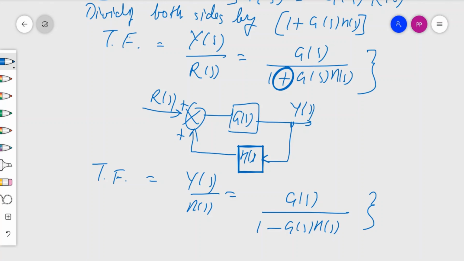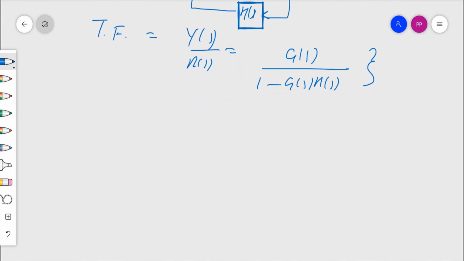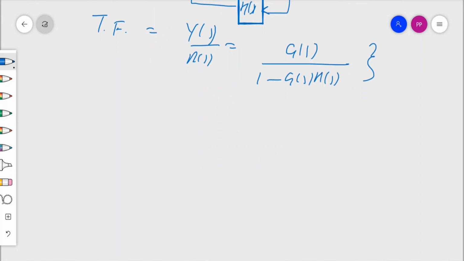Now if we extend this concept to a system which has more than one input and or more than one output, what will happen to the system? Suppose I am taking an example. I have a system which can be represented like this.